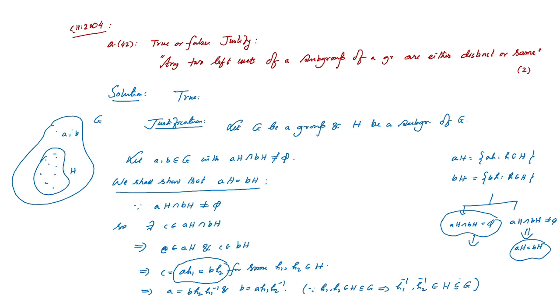Now what will we show? We will show aH is a subset of bH, and we will also show bH is a subset of aH. So that we will call 1 and that we will call 2.